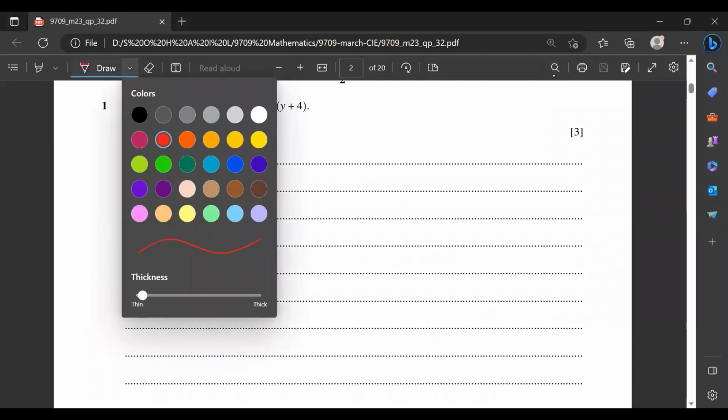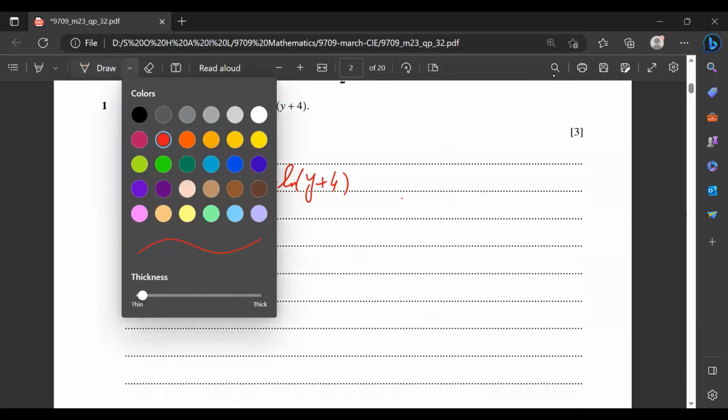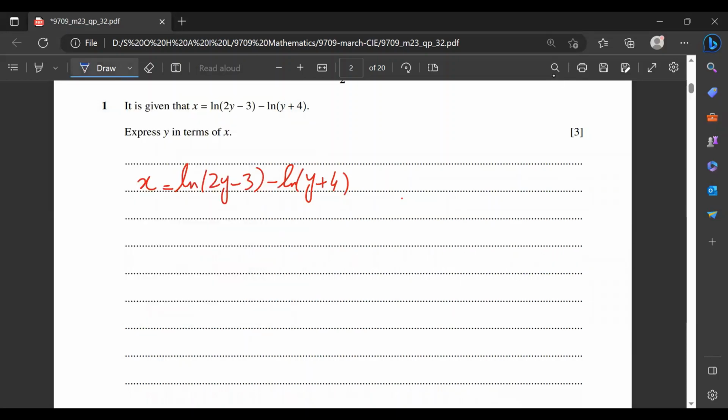Now, for the solution, x equals natural log of (2y minus 3) minus natural log of (y plus 4). Here we need to recall the properties of logarithms, or the laws for the log.